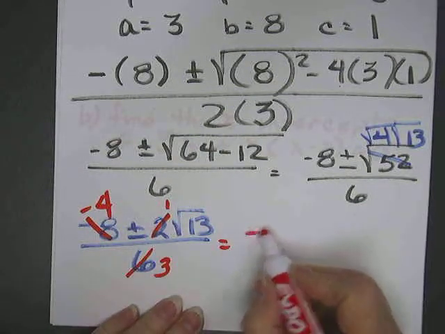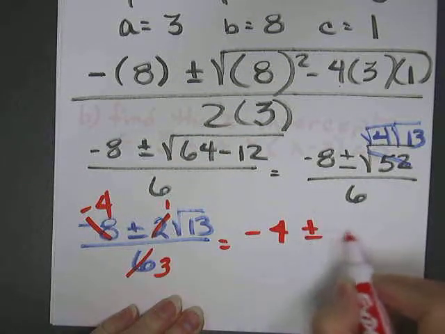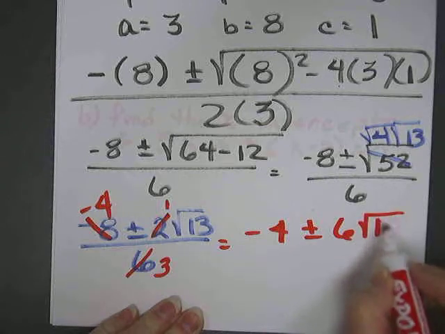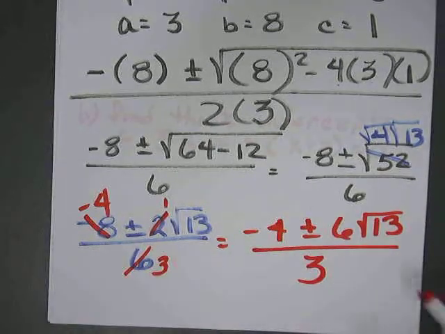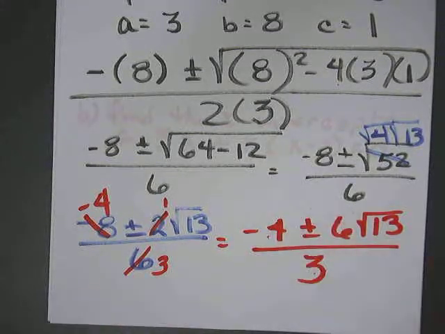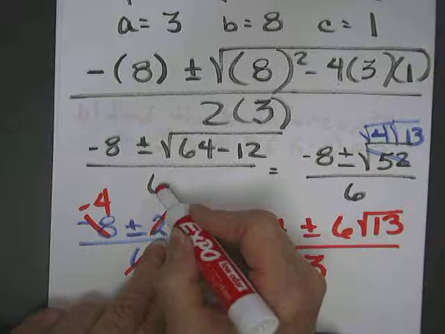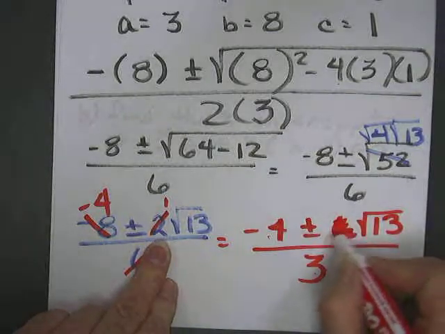We could divide by 2. Divide by 2, divide by 2. So we have negative 4 plus or minus 6 square root of 13 over 3. You can't do just 2 of them. It's got to be all 3 of these.